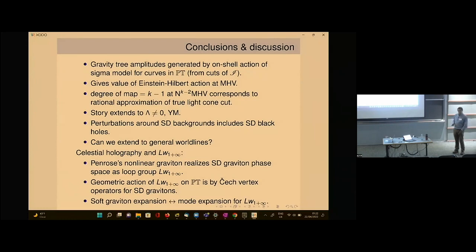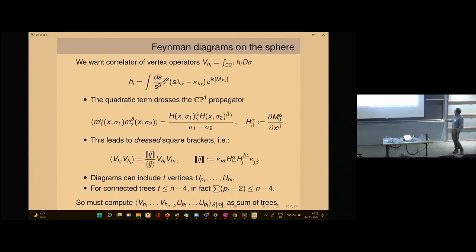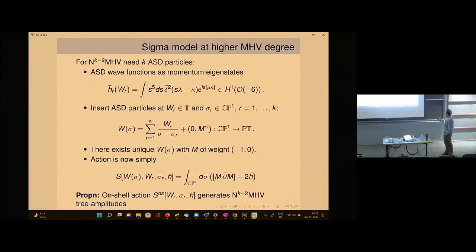It's still better than space-time perturbation theory. I skated over the sigma model at higher MHV degree, but you only have three integrals per negative helicity particle, so I think it is slightly better than space-time. But maybe it's starting to get laborious. Okay. Thanks.